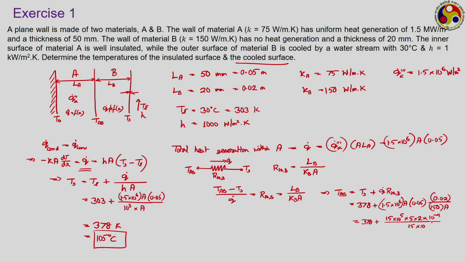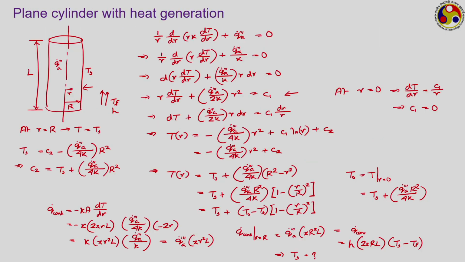So, accordingly it remains 378 plus 15 and 10 both cancel out, and it is just 10, leading to 388 Kelvin, that is 115 degree Celsius, that is TAB. And once you know TAB, then you can easily go back to the earlier approach that we have done to get the value of T naught.